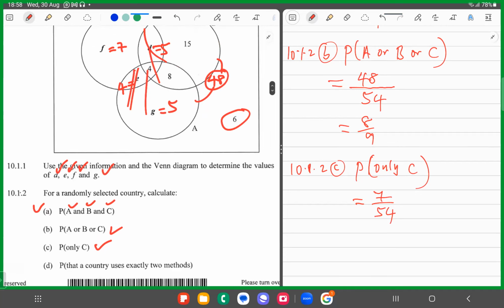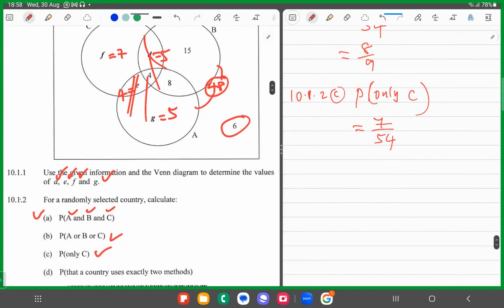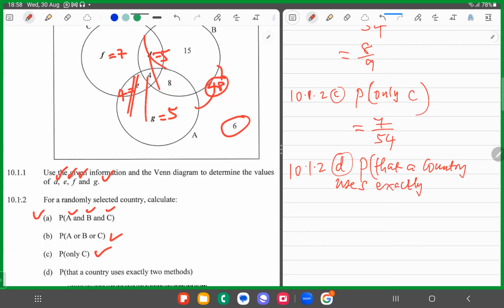Okay, next. We're looking at 10.1.2, part D. The probability that a country uses exactly two methods.